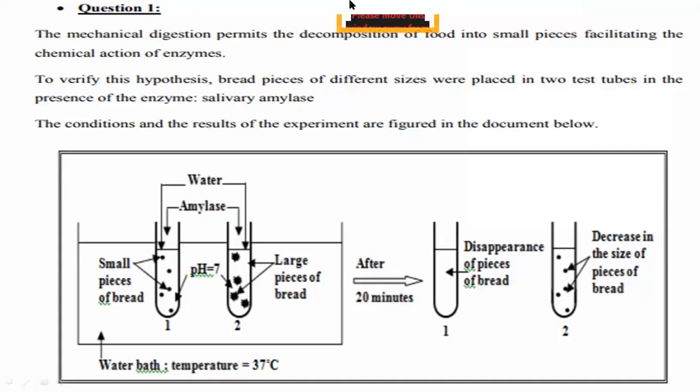The opposite is true. We add water and amylase to tube containing large piece of bread. Okay. In a water bath with temperature 37 degrees Celsius. After 20 minutes, the pieces of bread decrease in size.